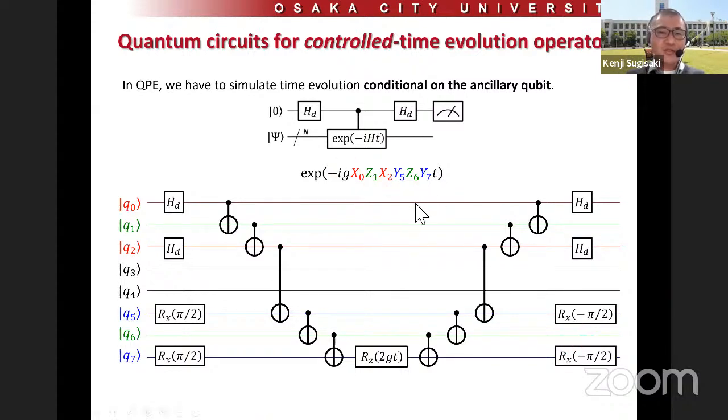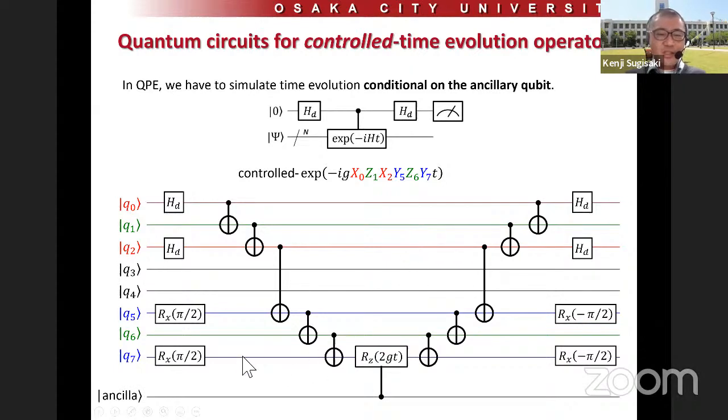In order to perform the control time evolution operator, all we have to do is replace this RCJ with the control RCJ, where the control qubit is the ancillary qubit, the top qubit in this quantum circuit.